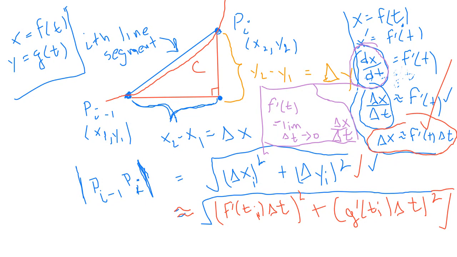When delta t approaches 0, the slope of the secant line becomes the slope of the tangent line, which is the derivative f prime of t. That's why we have an approximation here. Does that help? Yeah, that helps. Thank you. You're welcome. All right, now we go back to the book.